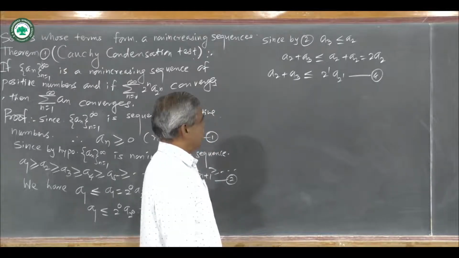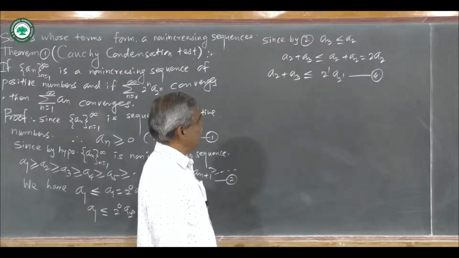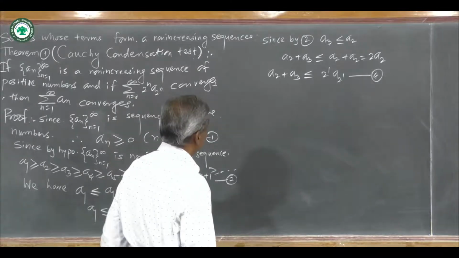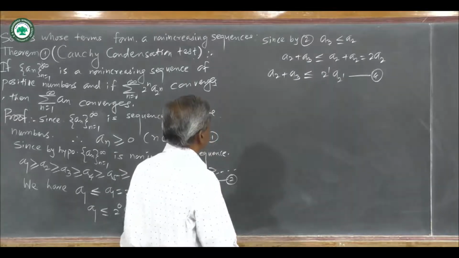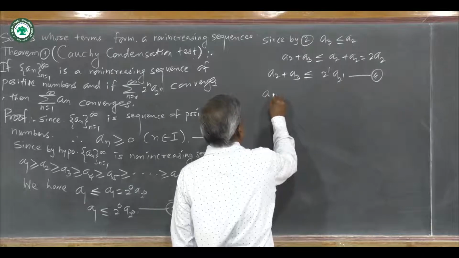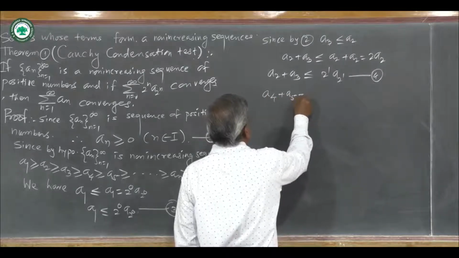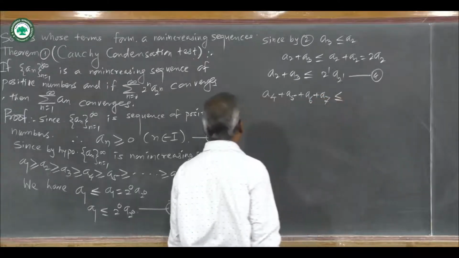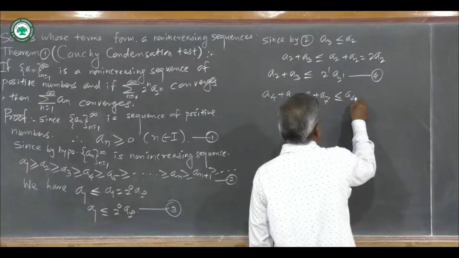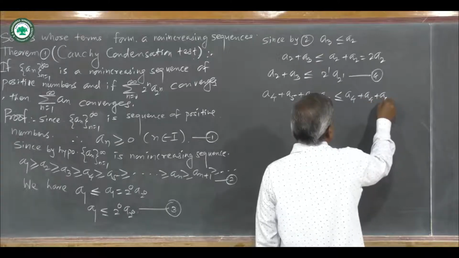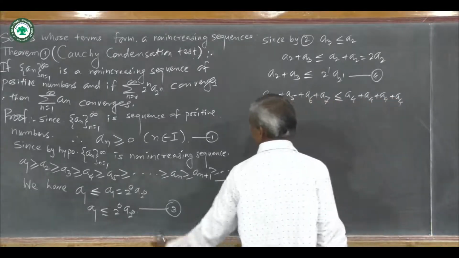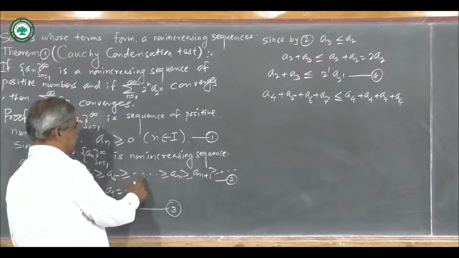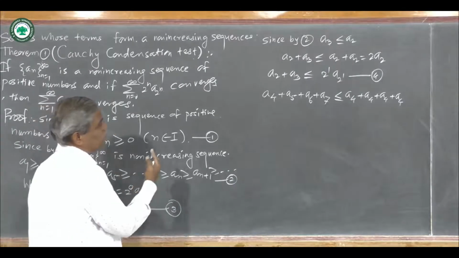Similarly, we write a4 plus a5 plus a6 plus a7 is less than or equal to a4 plus a4 plus a4 plus a4, since a4 is greater than or equal to a5, a4 is greater than or equal to a6, a4 is greater than or equal to a7, and so on.